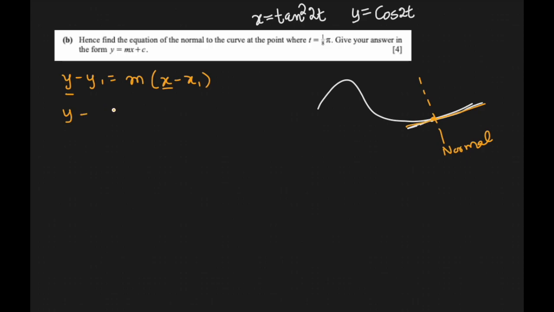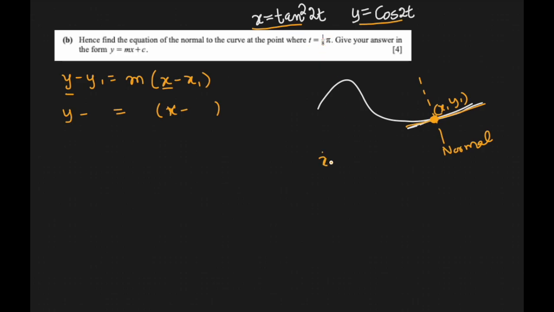We should be very, very clear about this; we should not touch these. The only thing is that x1 and y1 mean the specific point, this point. They have already given that t is 1 over 8 pi, so we can easily use these two equations to get x and y at this particular point where t is 1 over 8 pi.